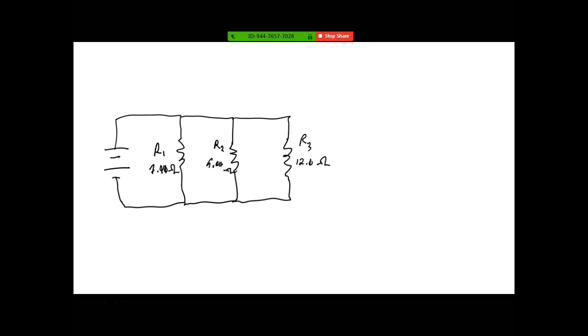Now, without knowing any current, without knowing any voltage, we've got to just work resistance. What is the effective resistance, the R, of this circuit? Now, what's the formula that governs that? Remember, it's all reciprocals. 1 over R is equal to 1 over R1 plus 1 over R2 plus 1 over R3.